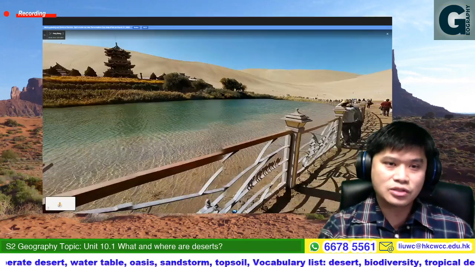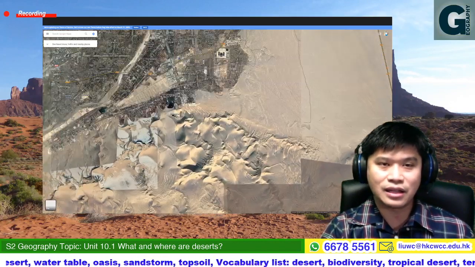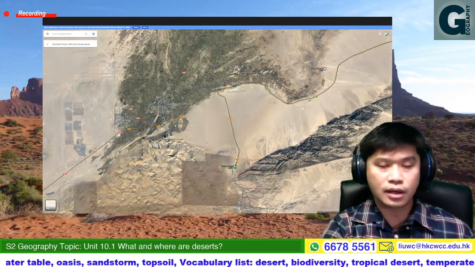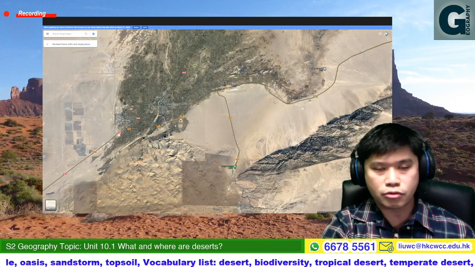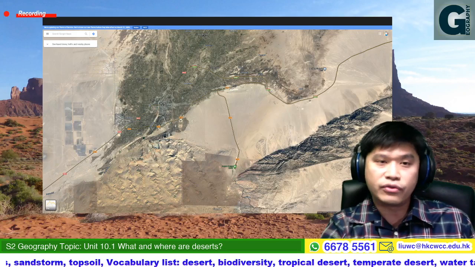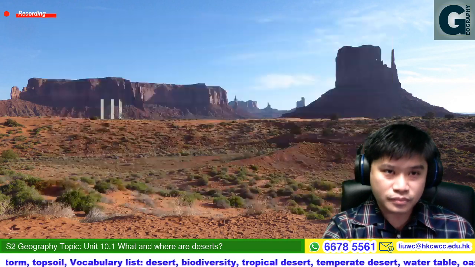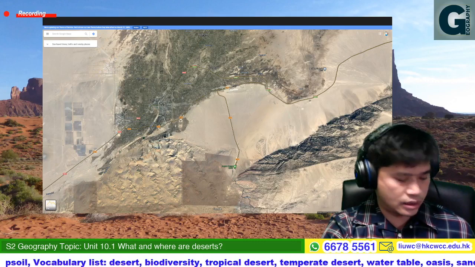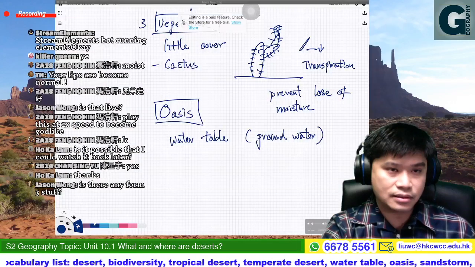It is because of the very rapid urban and industrial development. Most people take much groundwater for domestic or industrial use. Therefore, the water table in this region drops rapidly. So that is the case of the oasis in Dunhuang.